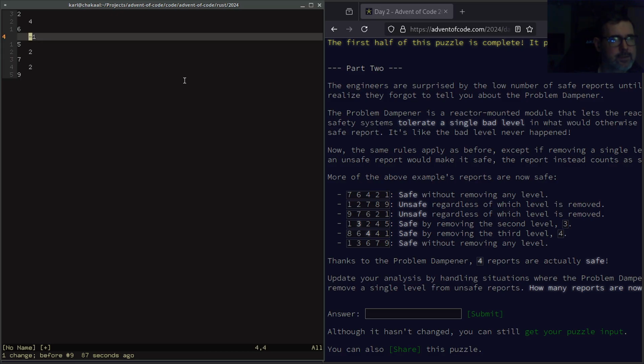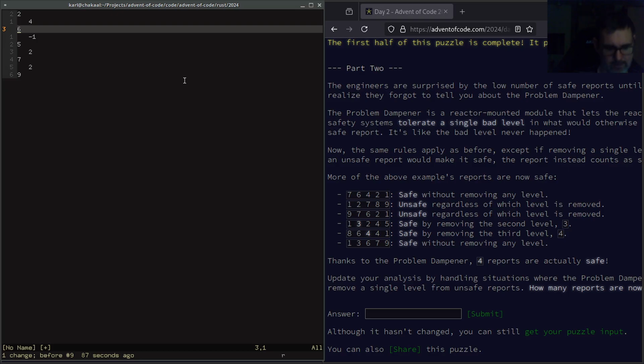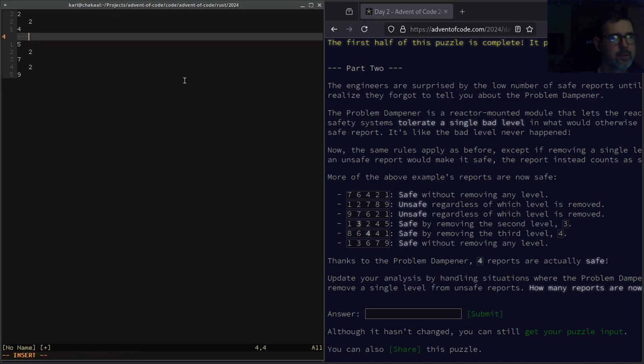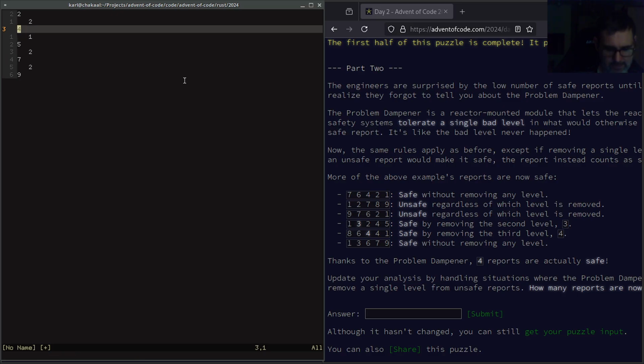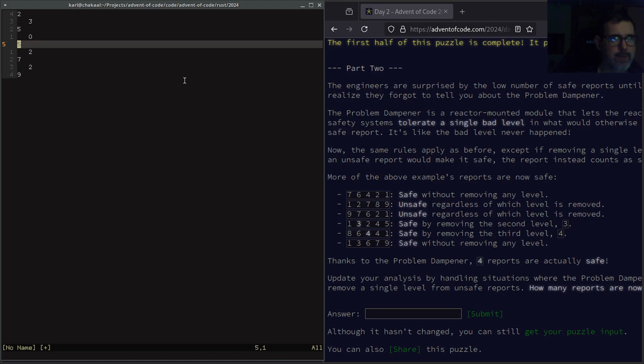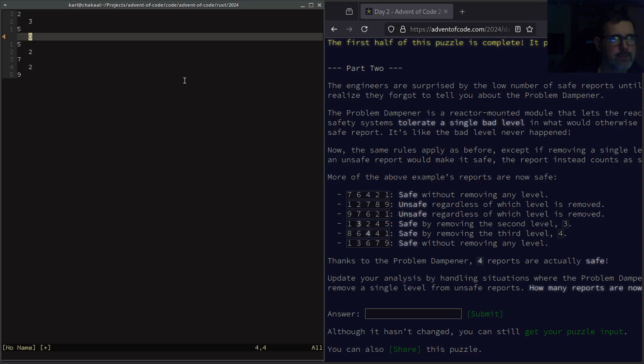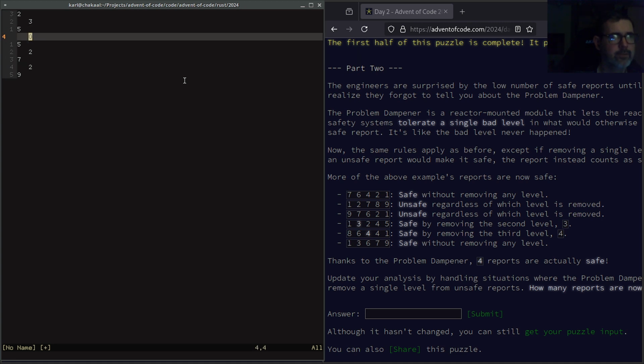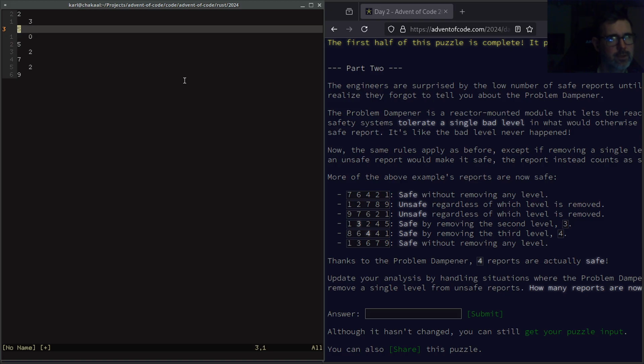So let's see. Like if we took this to 4, right, that's 2, that's 1, and actually we could even take this to 5, so that's still good, but this is bad here. But if we knock out, like this is the bad transition, if we knock out any one of either of these 5s, the rest of the report becomes good.